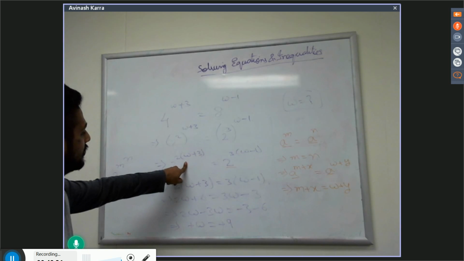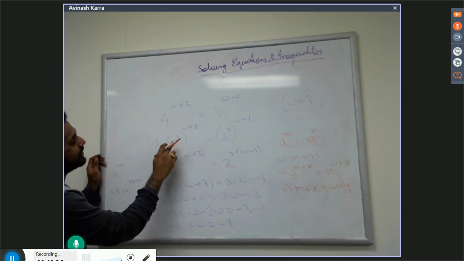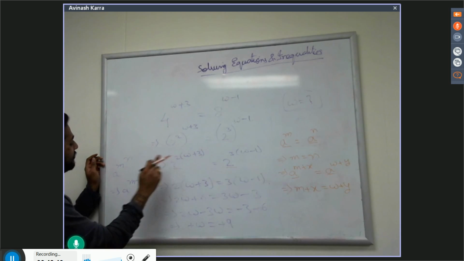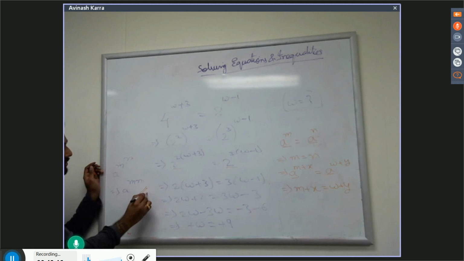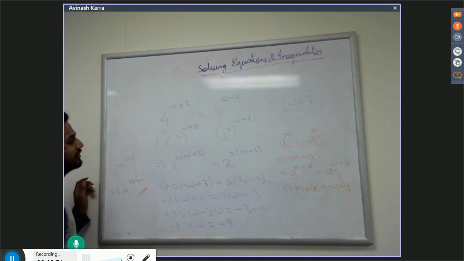Why didn't you solve 2 to the power of 2? See, I'm representing 4 as 2 to the power of 2, right? When I simplify this, a to the power of m to the power of n is equal to a to the power of mn. So I'm using this formula over here.